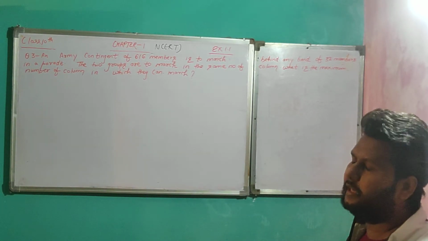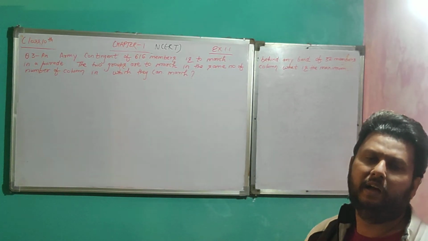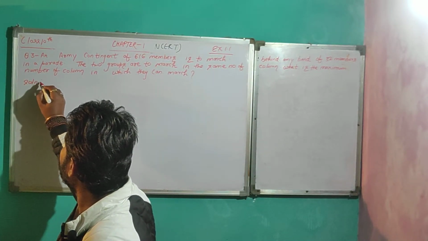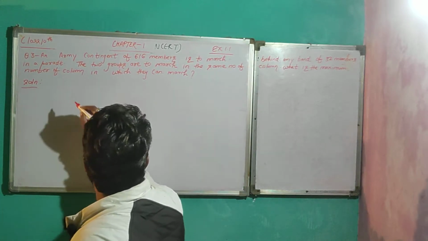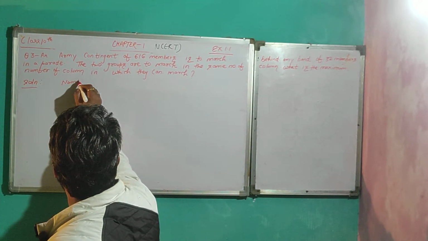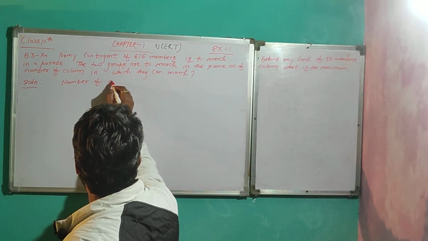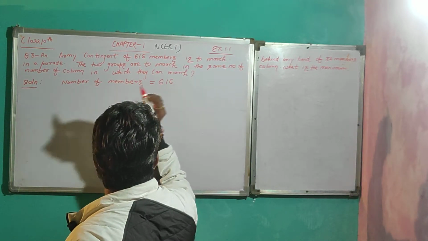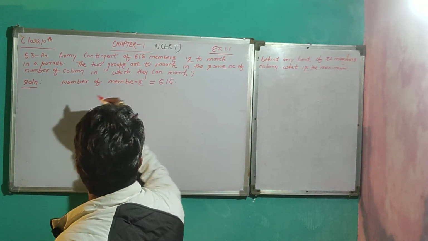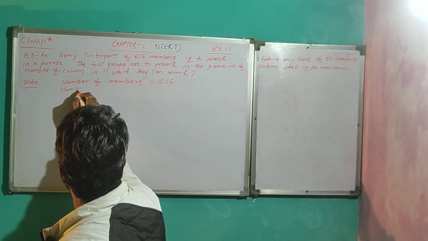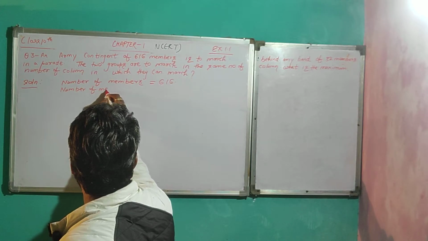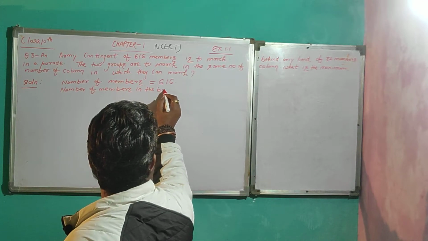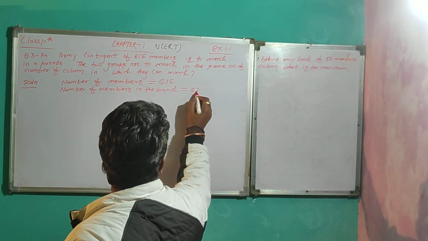Okay. So this question can be solved very easily by using the Euclid division algorithm. Solution. Number of members is equal to 616 and number of members in the band is equal to 32.